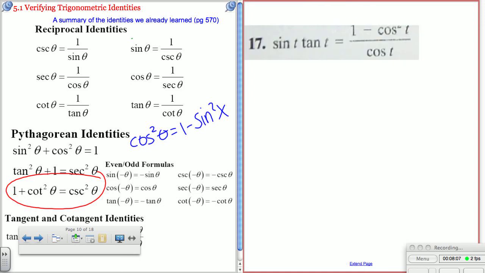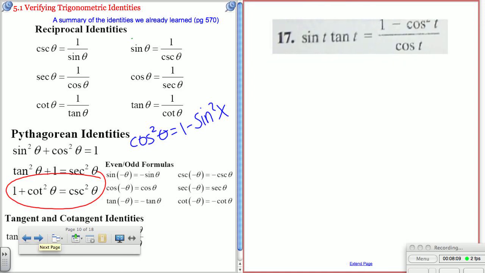Number 17. Let's go ahead and start this one with the right side. Let's try that for a second. So I have 1 minus cosine squared theta.